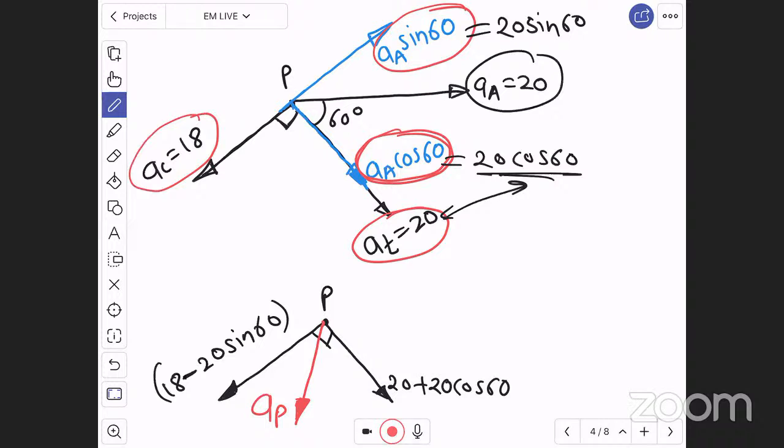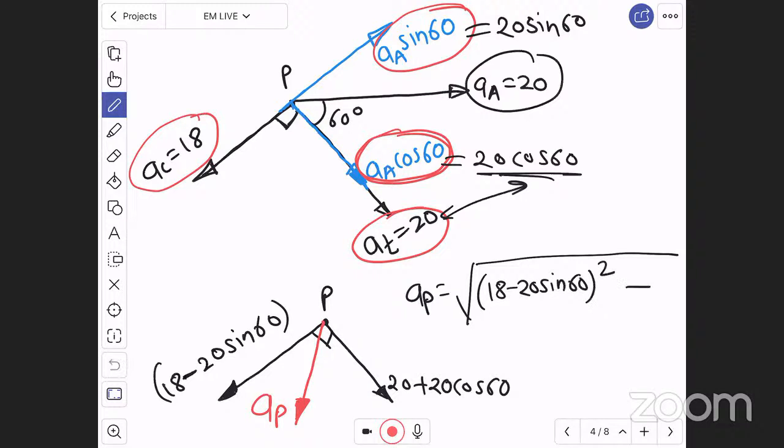Acceleration of point P will be equal to under root of 18 minus 20 sin 60 whole square plus 20 plus 20 cos 60 whole square meter per second square. This is how we are going to find acceleration of any point on the wheel.